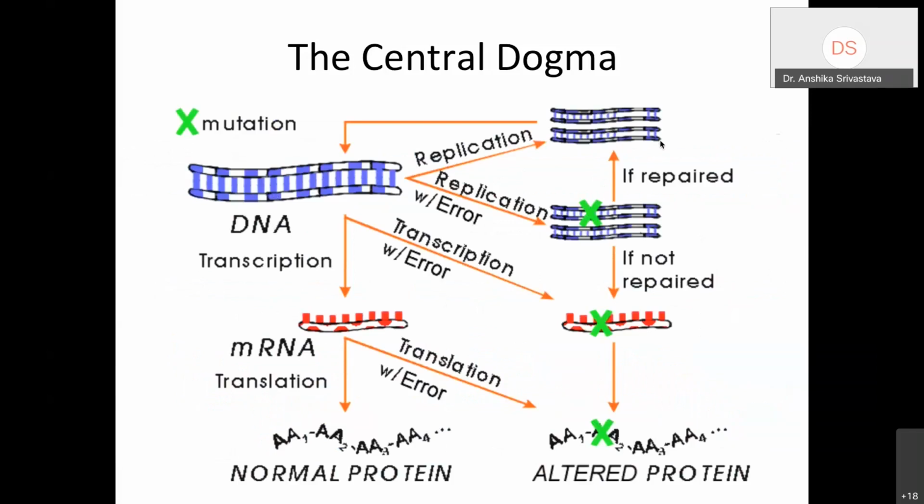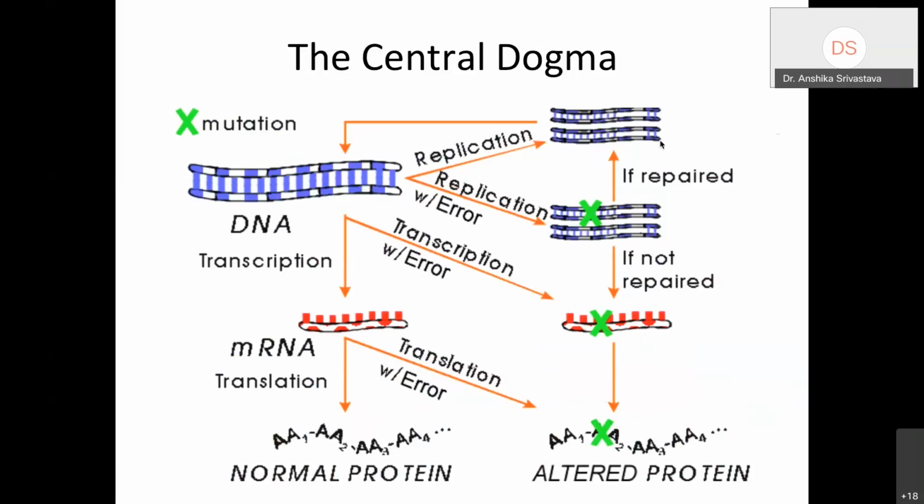But if it is not repaired, then your replication will occur with error, followed by your transcription with error, and then followed by your translation with error, and then you get an altered protein. And this altered protein, in terms of genetics, could have some loss of function, gain of function, nonsense mediated decay. So it can undergo any of these genetic mechanisms.